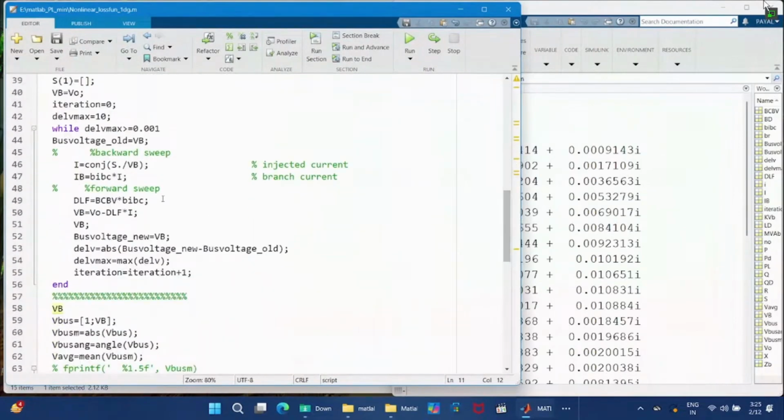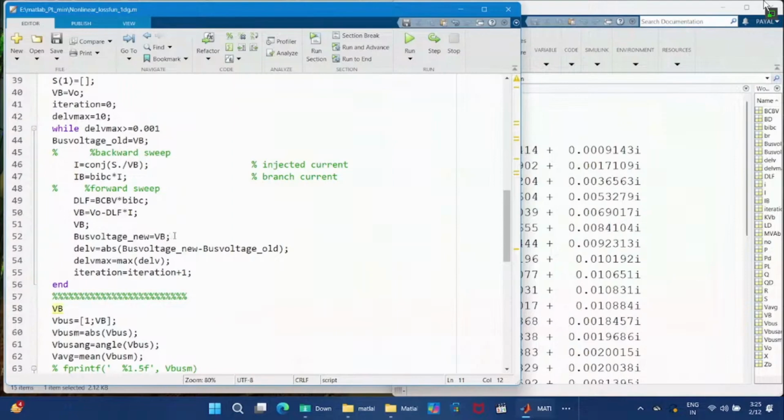Here basically the issue, I think, is our tolerance criteria. Initially we set it as 0.001, and from there we defined our old bus voltage, which was 1. Thereafter we updated this bus voltage at line number 52.